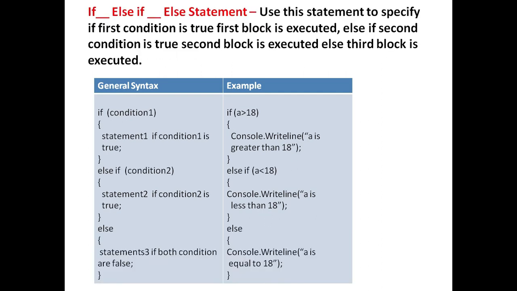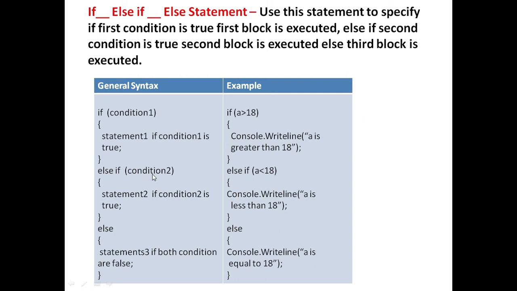Next is if-else-if. You can use this statement to specify that if the first condition is true, the first block is executed. Else, if the second condition is true, the second block is executed. And if both conditions are false, the third block is executed. The general syntax is: if it will check condition 1, then statement 1 is executed.